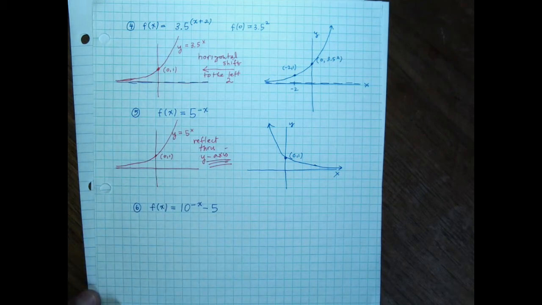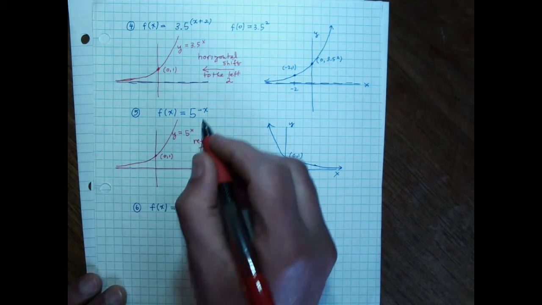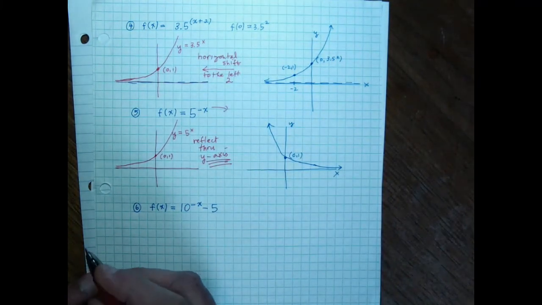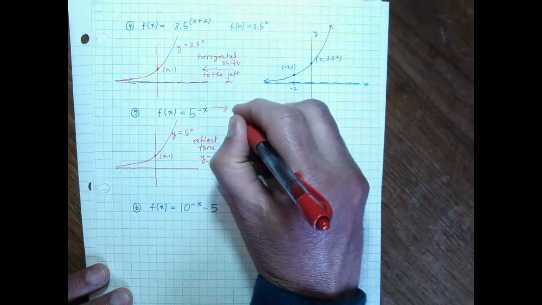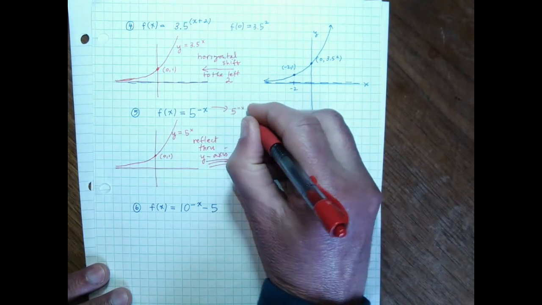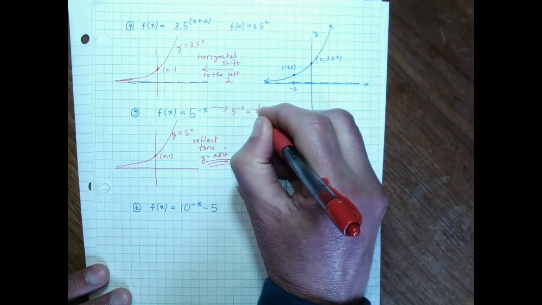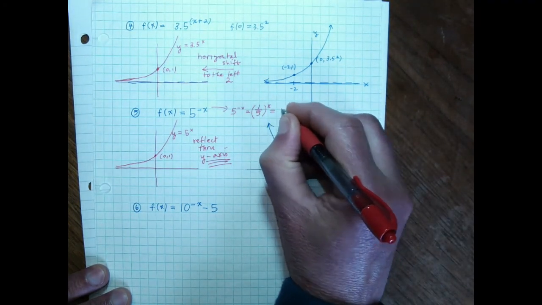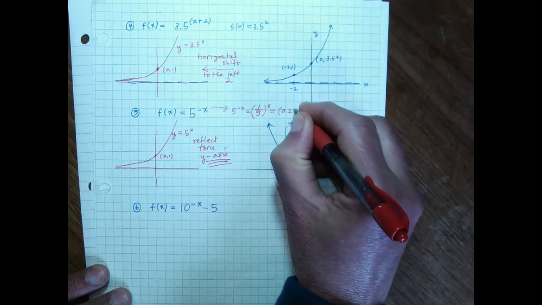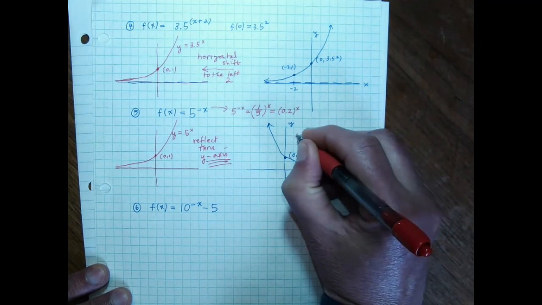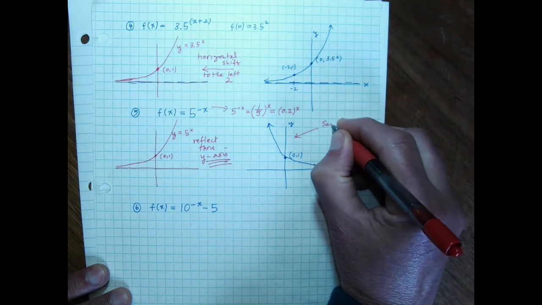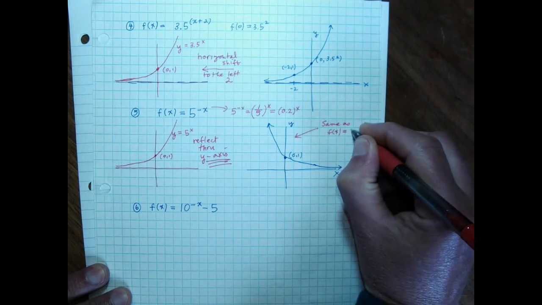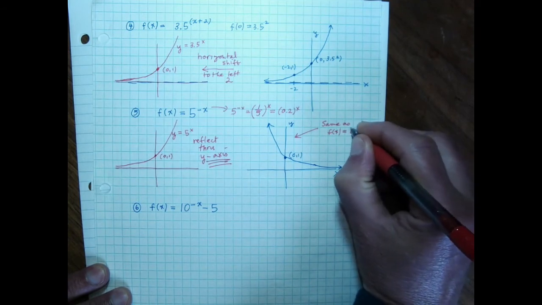I want to make an observation here that we can think of this function in a different way. 5 to the minus x is equal to 1/5 to the x power, which is the same thing as 0.2 to the x. So this is the same as f of x equals 0.2 to the x.